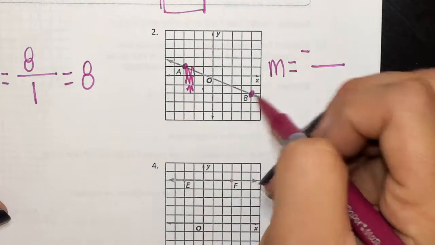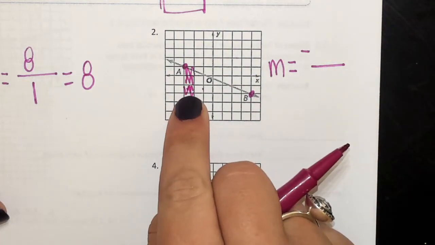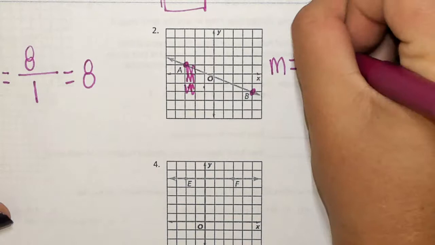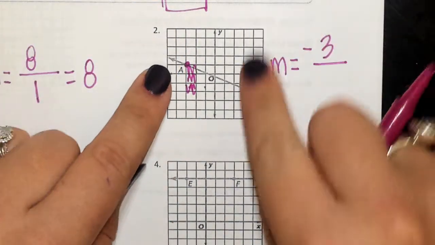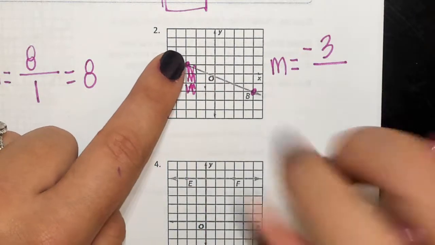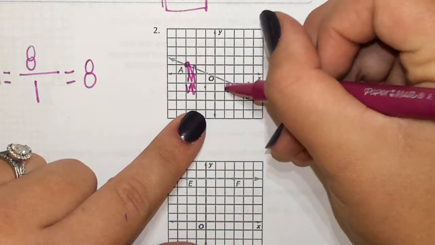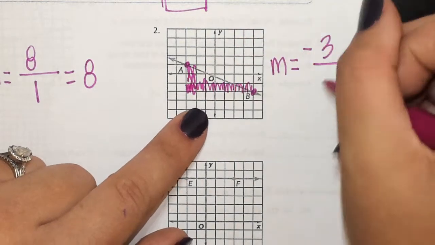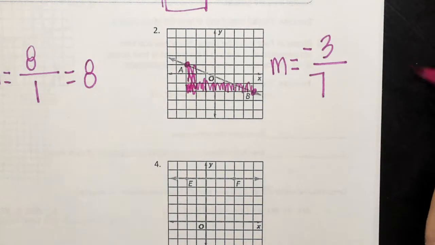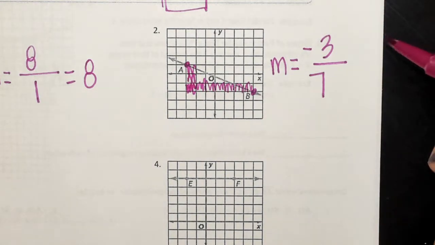From A to B. You see them? There's only 3. And then now you have to count the run. So you have to go from A sideways to B. So there's 1, 2, 3, 4, 5, 6, 7 side to side. So your slope of this line is negative 3/7.